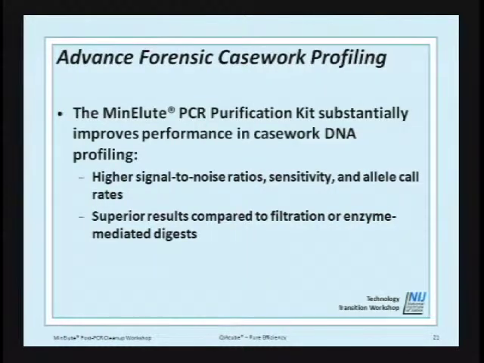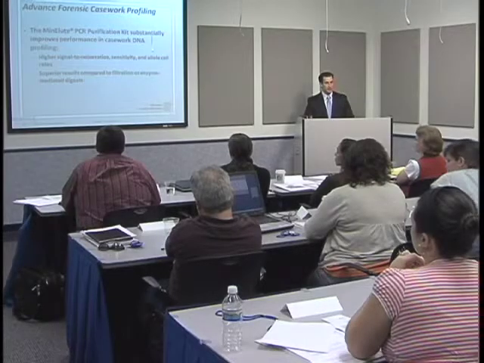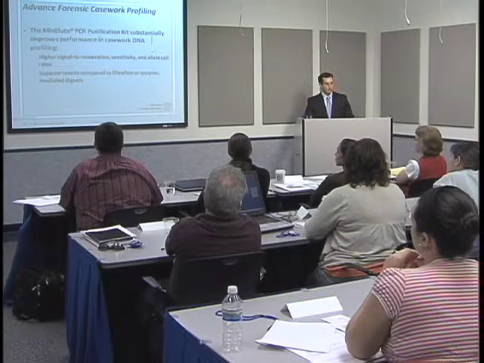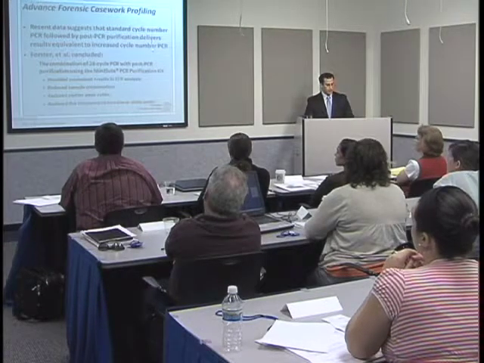The MinElute PCR purification kit substantially improves performance in casework DNA profiling, as we saw earlier with the data that we went over. Higher signal-to-noise ratios, sensitivity, and allele call rates. Superior results compared to filtration or enzyme-mediated digests are made possible through these mini spin columns.